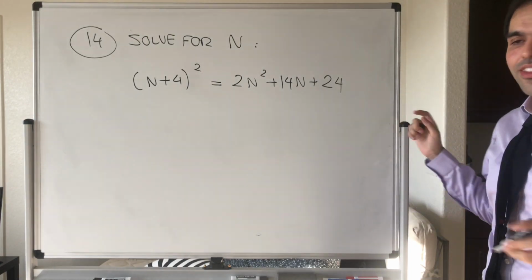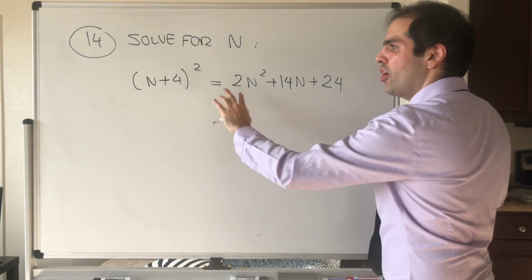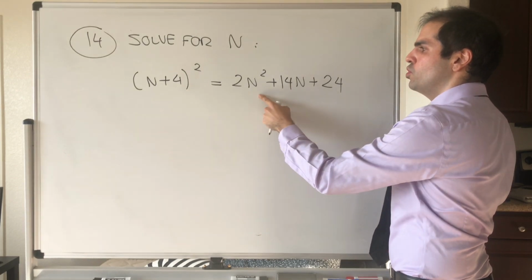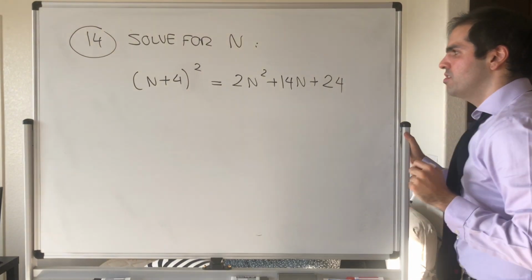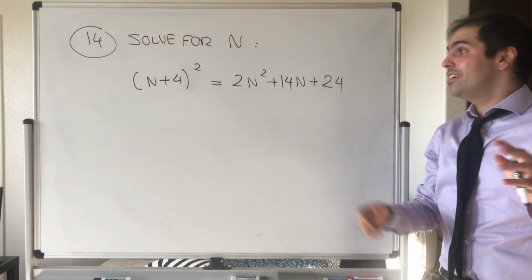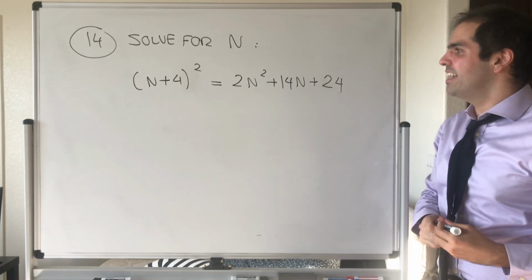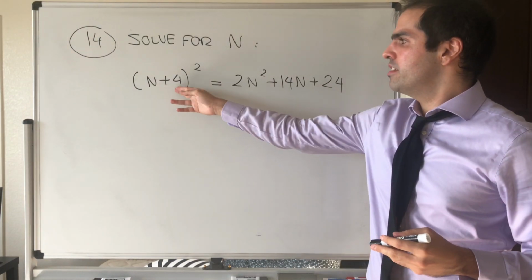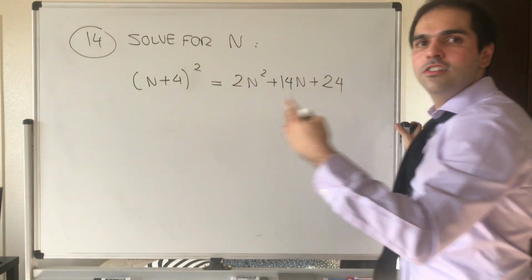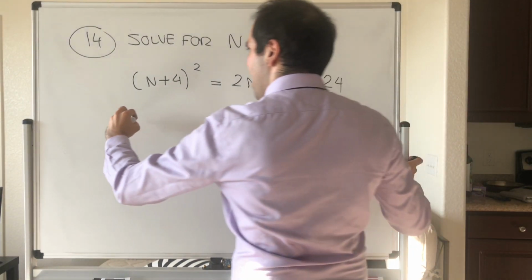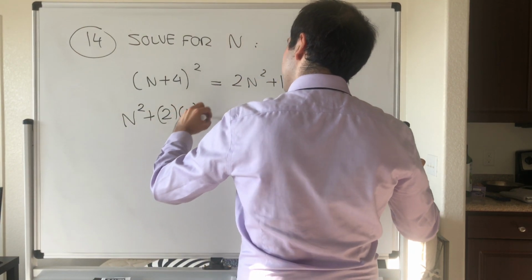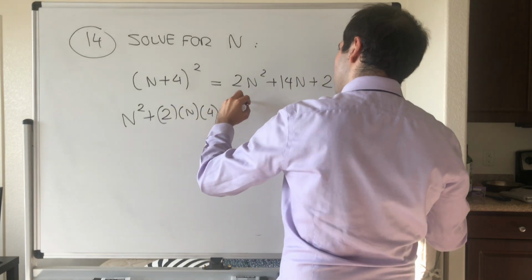All right, here's another fun quadratic equation. Solve for n in the equation (n plus 4) squared equals 2n squared plus 14n plus 24. Do not take square roots here, that would just make it horribly complicated. My recommendation is to expand out this square. This is of the form (a plus b) squared, so a squared plus 2ab, 2 times n times 4, plus 4 squared.